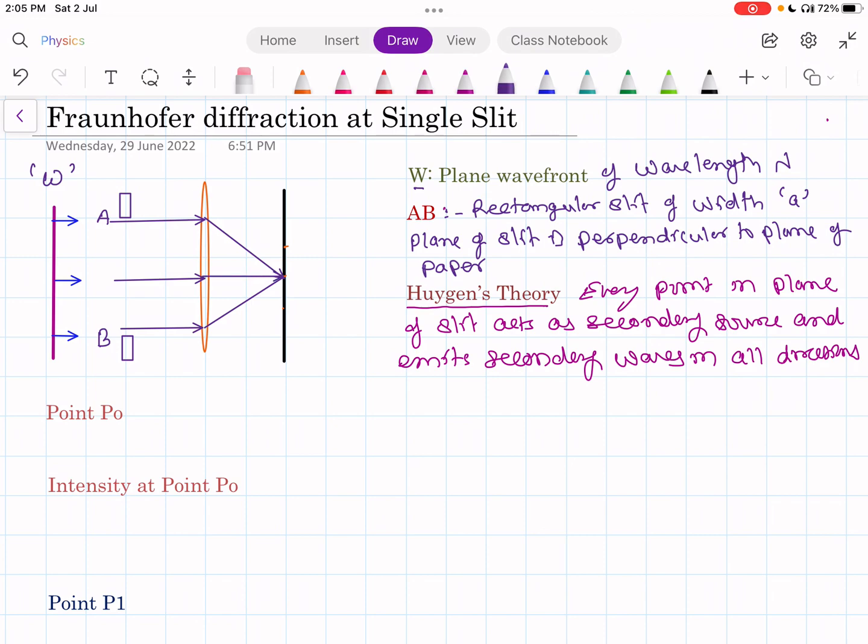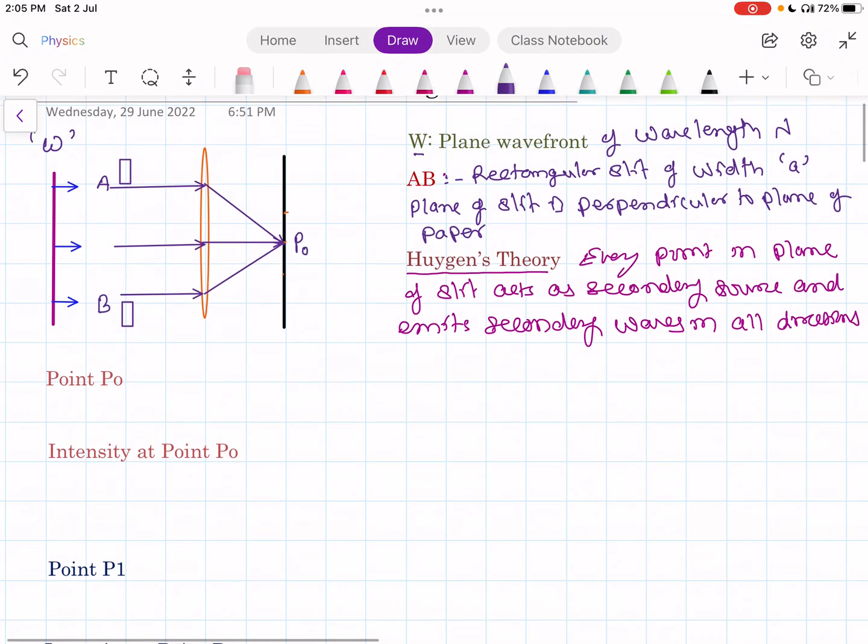So all secondary waves which are normal to the plane of the slit are brought to focus at point P0. Let us say this is point P0.